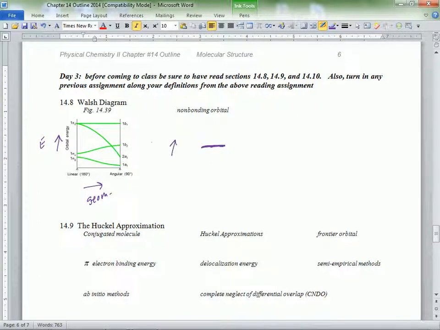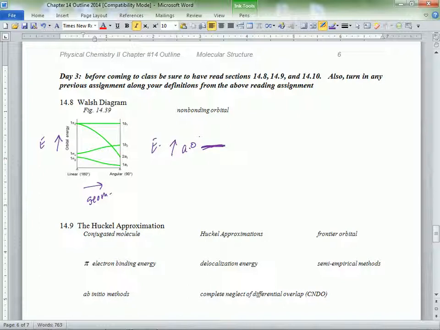This is energy. Bonding molecular orbitals in energy are where? Lower. Anti-bonding are higher. So non-bonding would be pretty much right at the atomic orbital level, not helping anything.